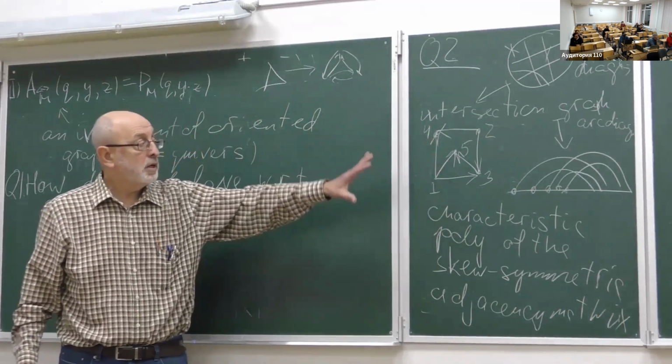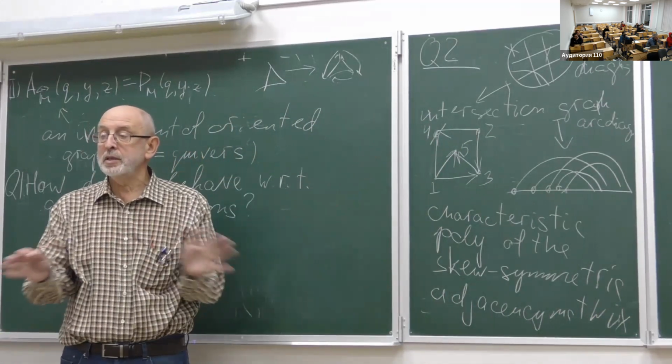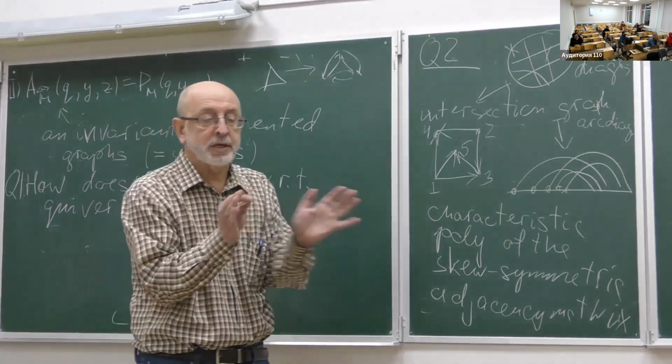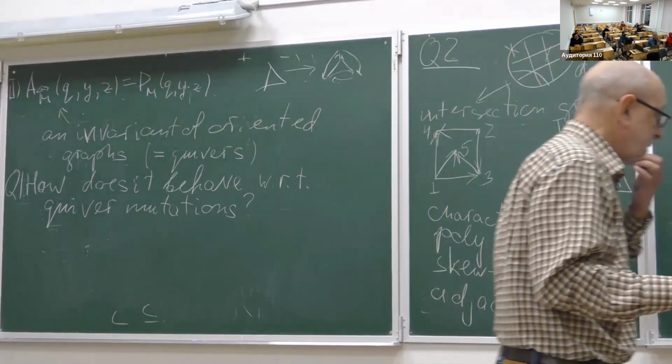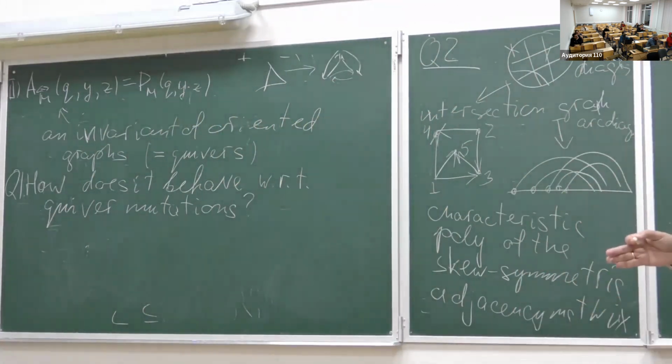If you take a non-oriented graph, take its adjacency matrix and its characteristic polynomial, then this characteristic polynomial has nothing to do with Vassiliev invariants.